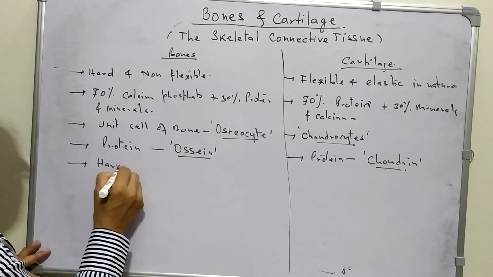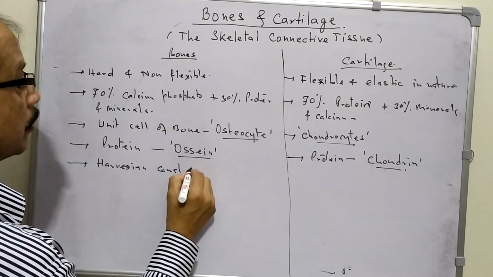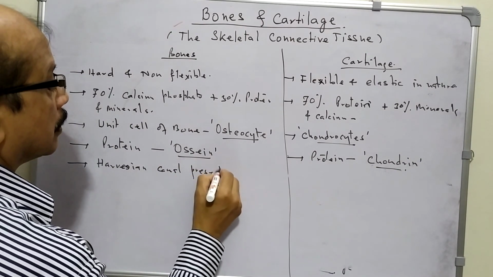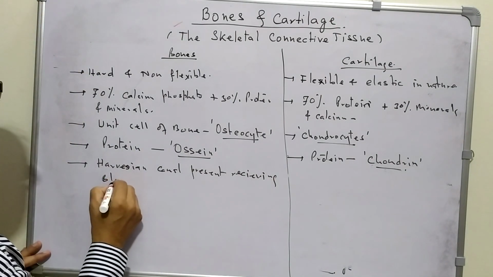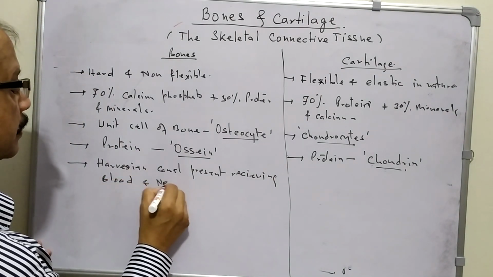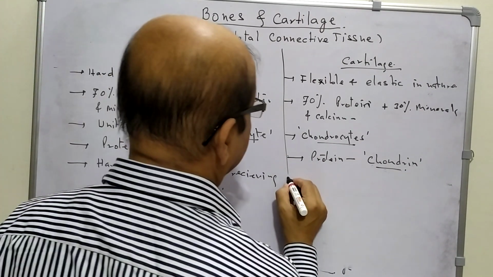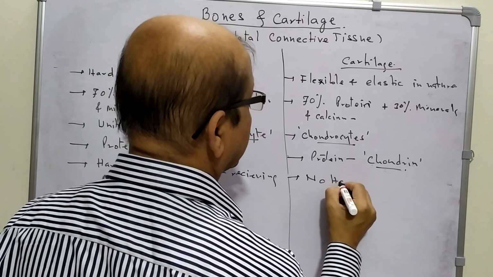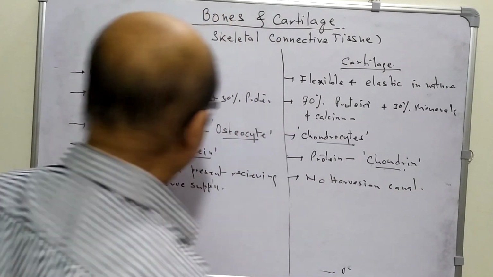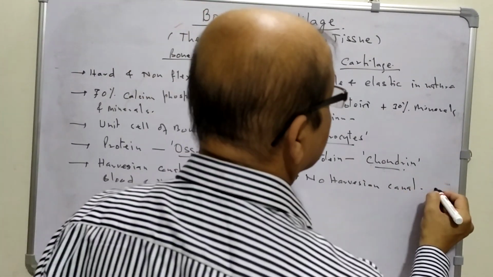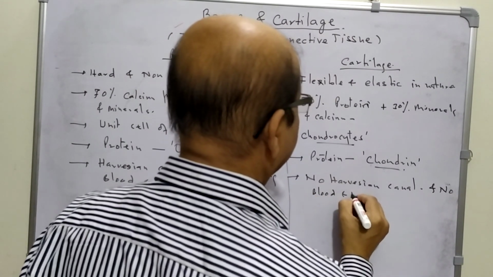In bone, the Haversian canal is present, receiving blood and nerve supply. In cartilage, no Haversian canal, and no blood and nerve supply.